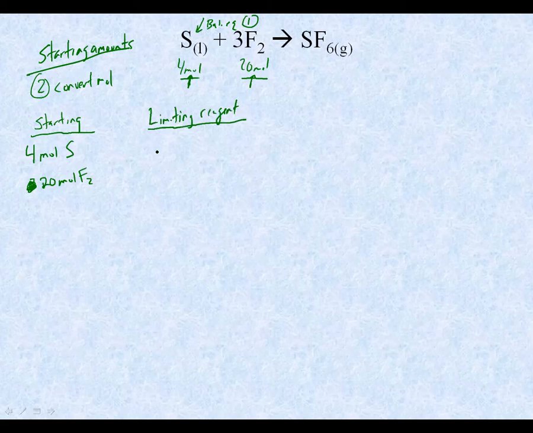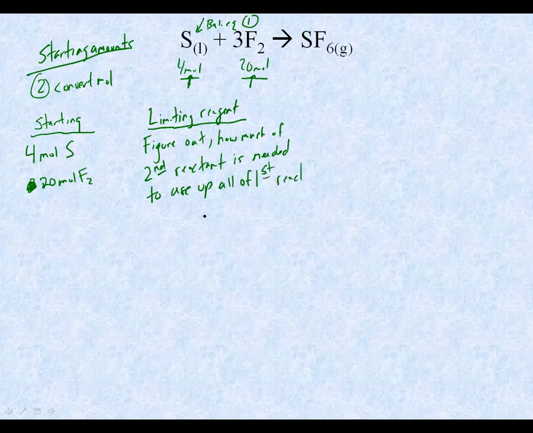So to do a limiting reagent problem, or to figure out which one is the limiting reagent, one way that you could do it is you can figure out how much of the second reactant is needed to use up all of the first reactant.